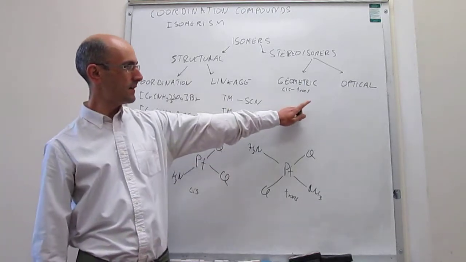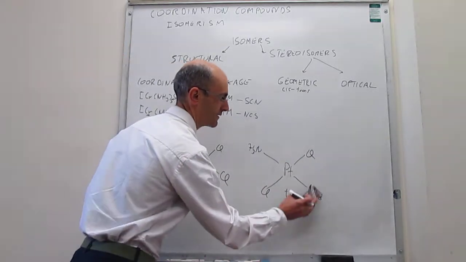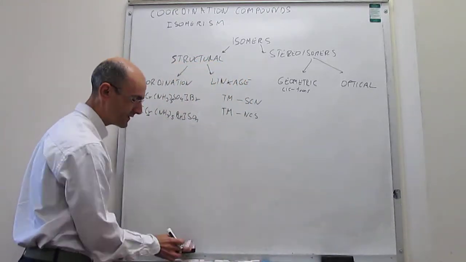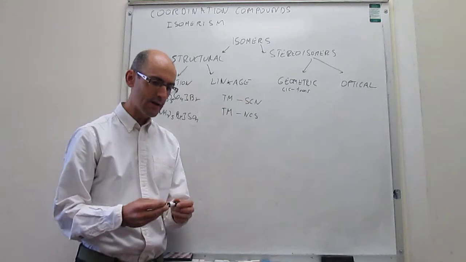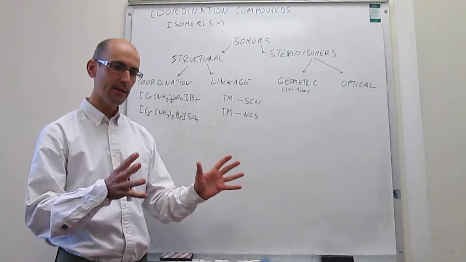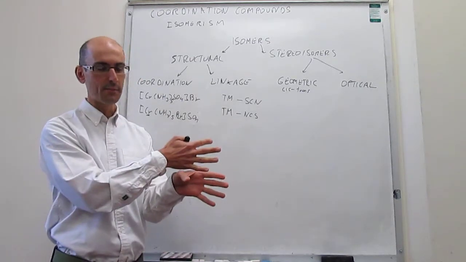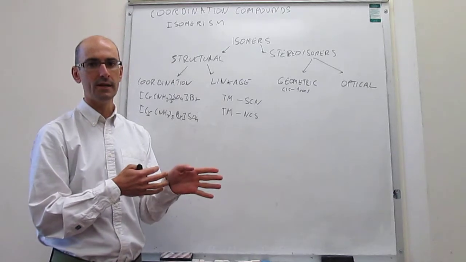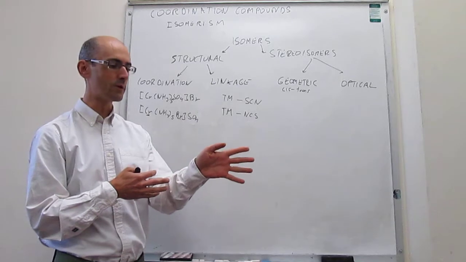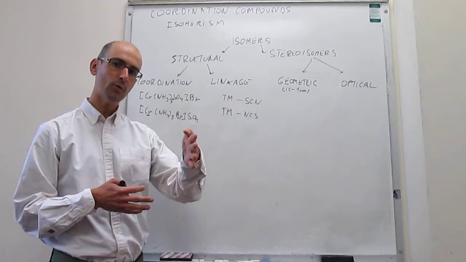And then to finish this video, we're going to introduce here the concept of optical isomers. Okay, so for optical isomers, the way that these were discovered is because when you have a plane polarized light, and that is light in which the oscillating field of the photons is always in the same plane, it turns out that some optical isomer of a particular molecule will rotate that plane either to the left or to the right.